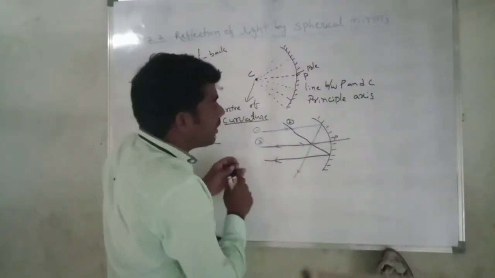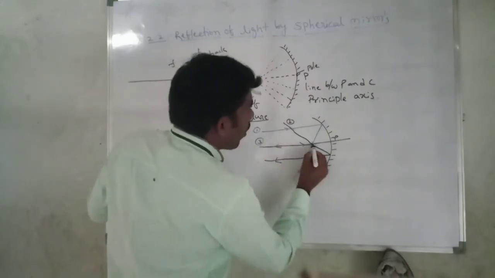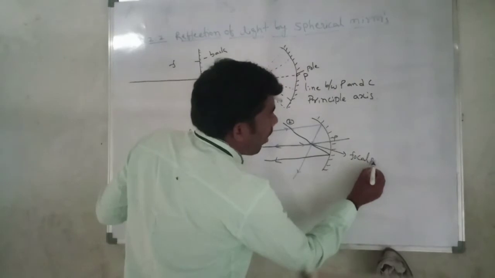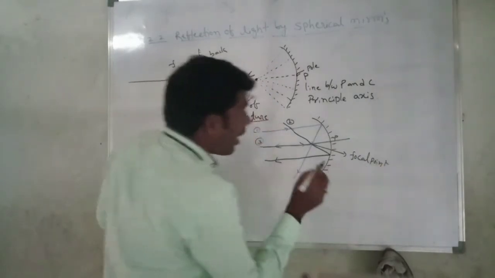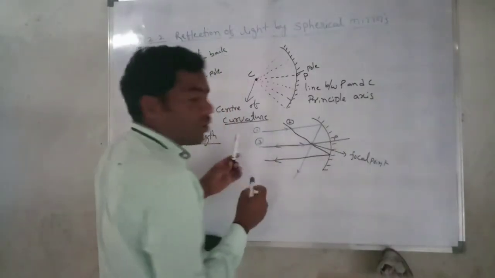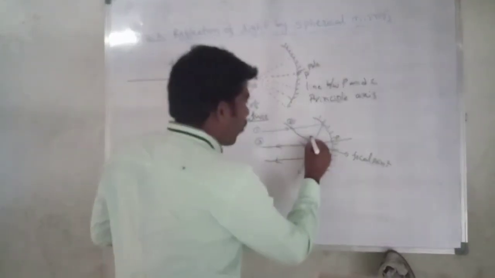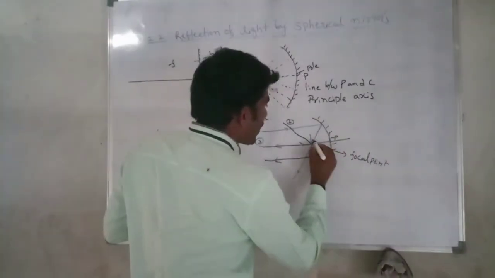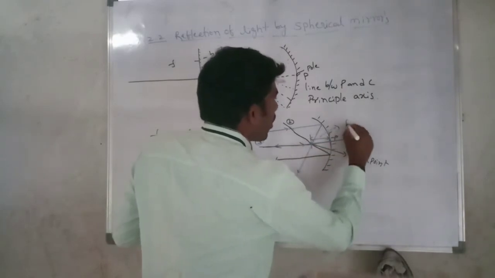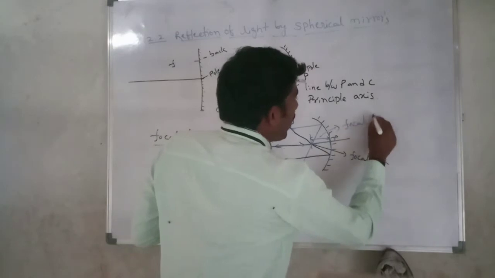This point we will call the focal point. The distance from the focal point to the pole is the focal length.